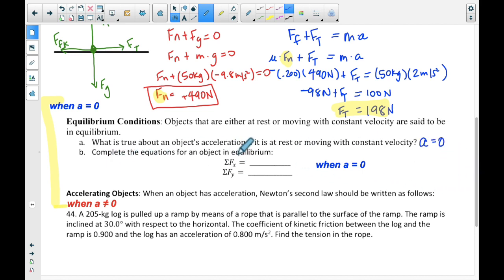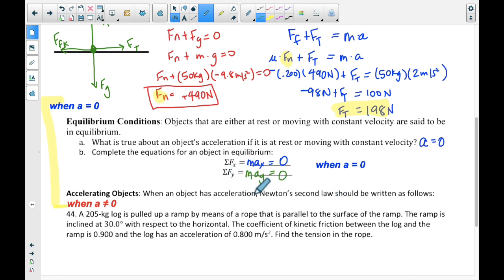So complete the equations for an object in equilibrium. Well, that would be the sum of the forces in the x direction would be mass times the acceleration in the x direction. But if a is 0, 0 times anything is going to be 0. And for the y direction, same thing. We're going to talk about mass times acceleration in the y direction. But if acceleration is 0, then 0 times the mass is 0.